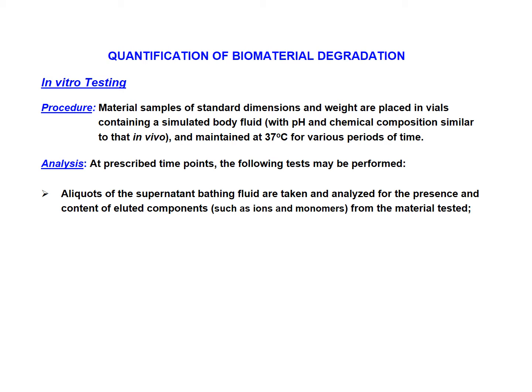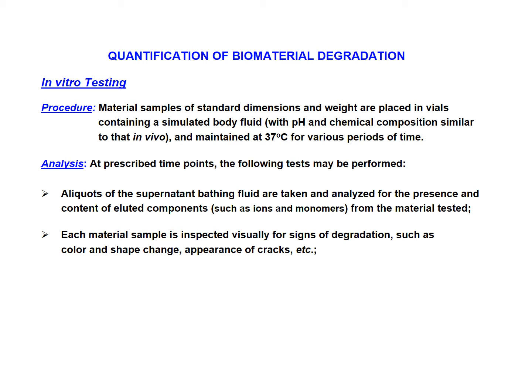First, aliquots, which means small amounts of the supernatant bathing fluid, are taken and analyzed for the presence and composition of any components which are eluted from the specimens of the tested materials. For example, ions, if they are metals, and monomers, if they are polymers.